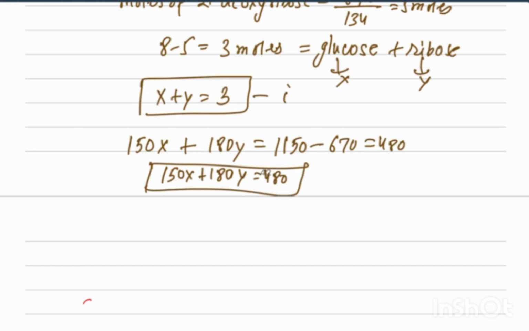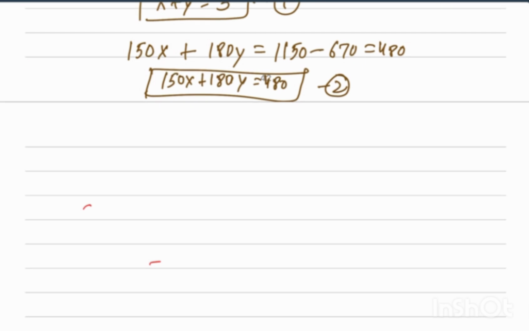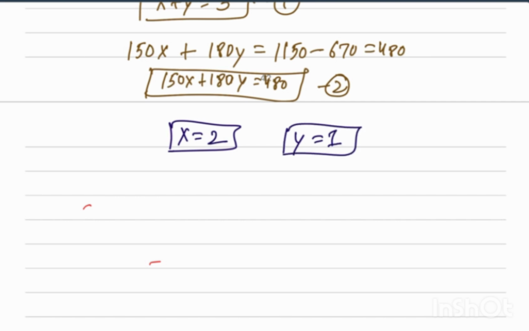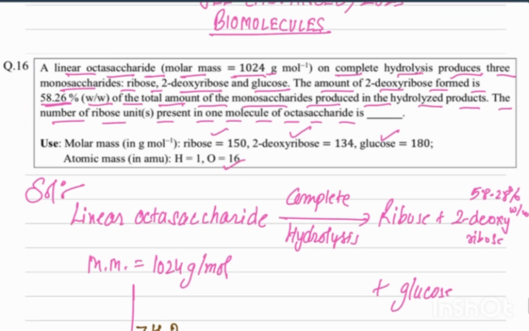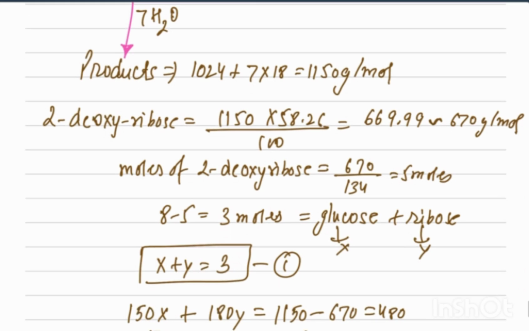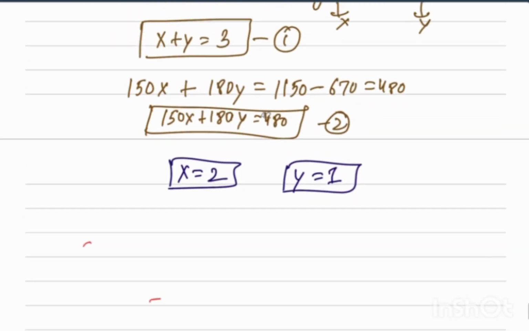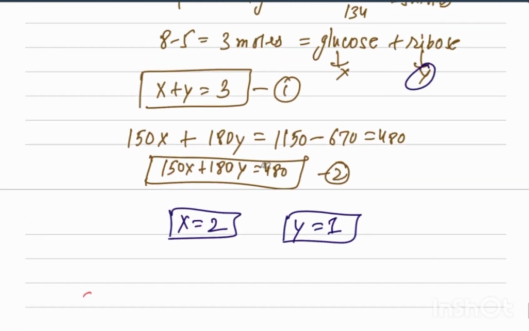The first equation is this and the other equation is this. Two equations, two variables, we can solve it easily, and after solving this we will get the value of x as 2 and the value of y as 1. In the question, it has been asked the number of ribose units, which is y, so the value of y is 1.